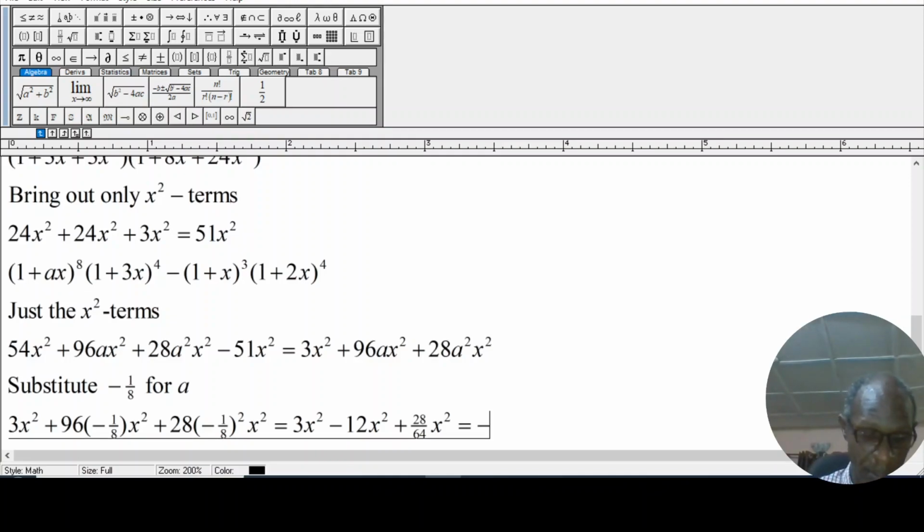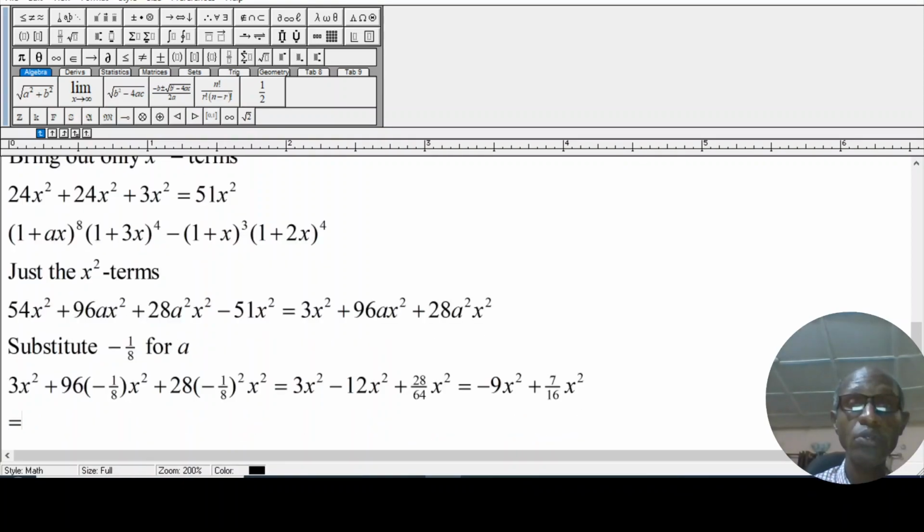So if we subtract that, that will give us minus 9x squared, 4 can go there, plus 7 over 16 x squared.